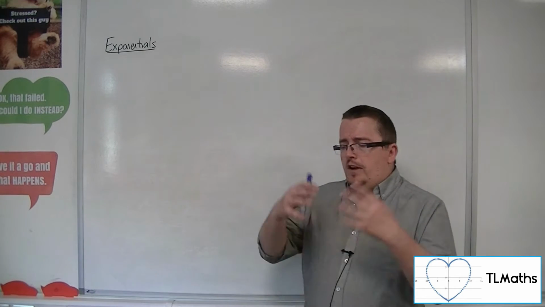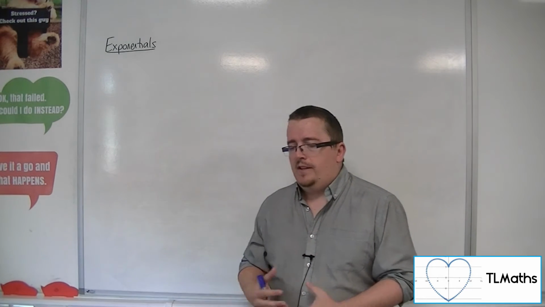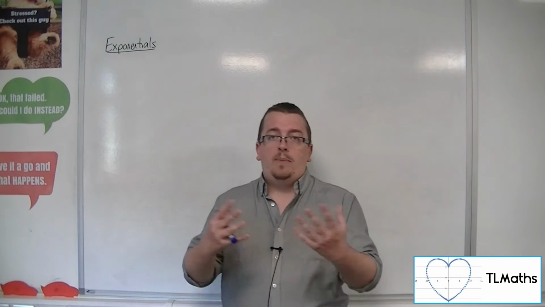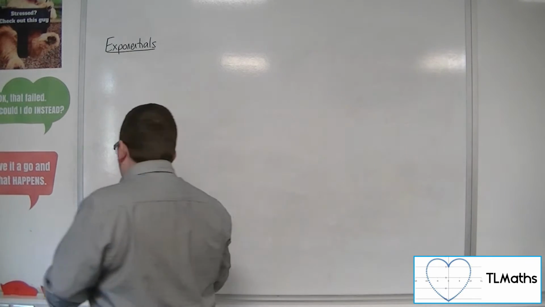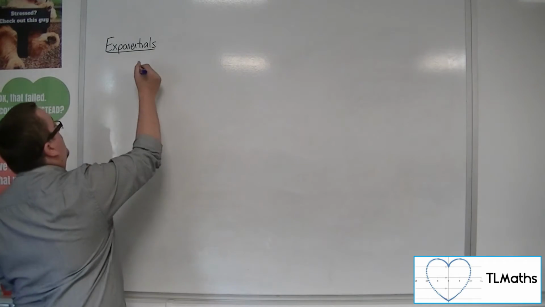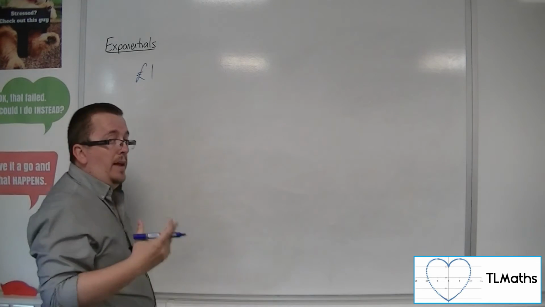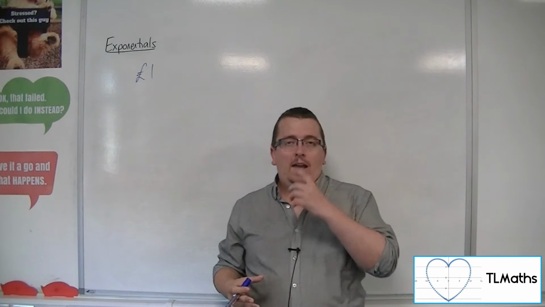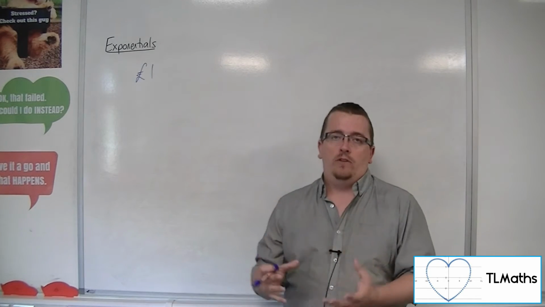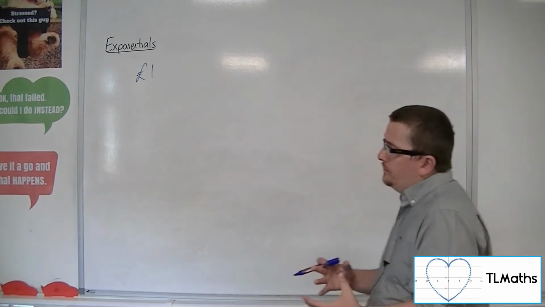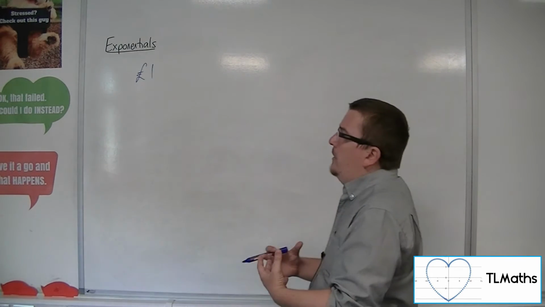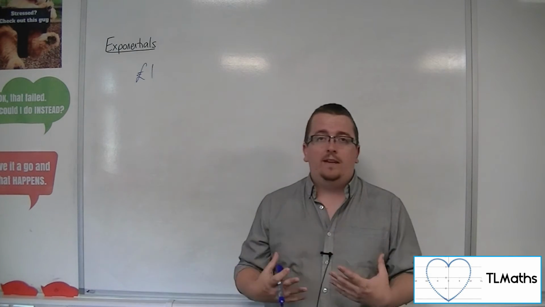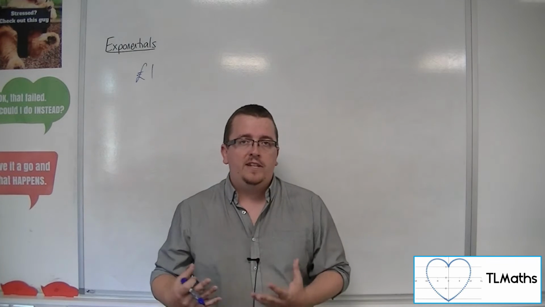And the idea is that, let's say that there is a bank and you're going to invest £1 in the bank, okay, and the bank is offering 100% interest rate. Now, we use this idea of working with a bank just to help the idea along.